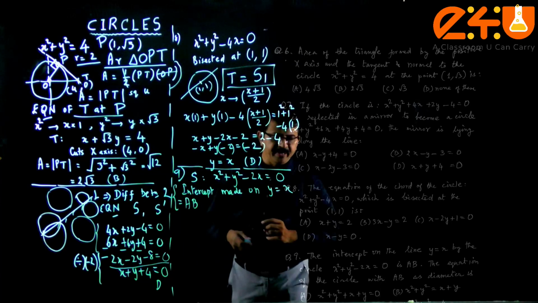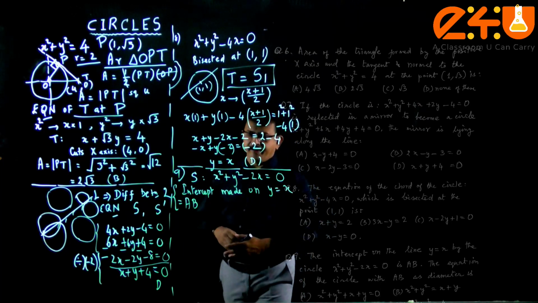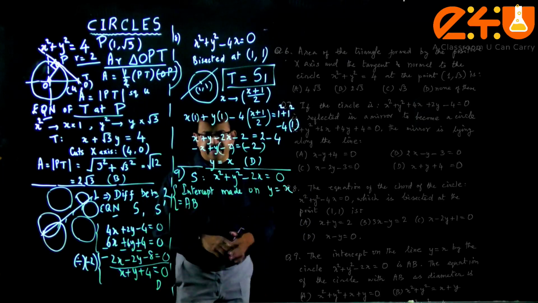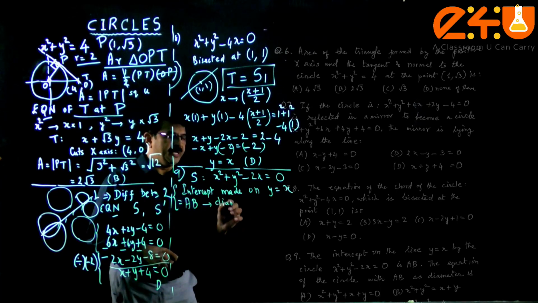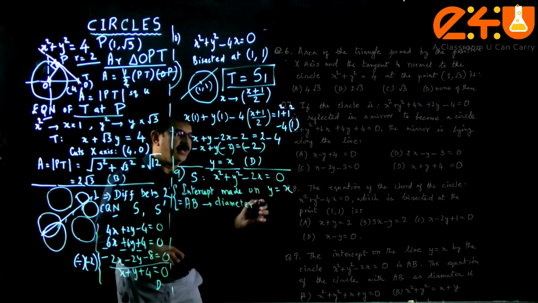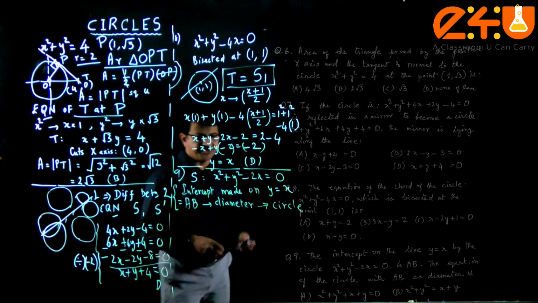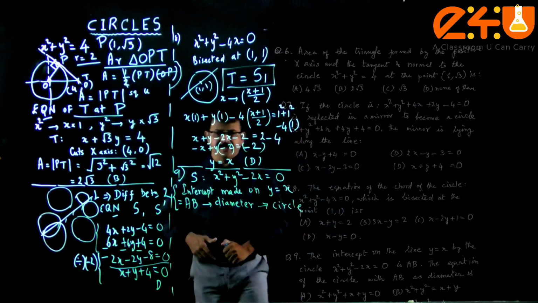He says let AB be the intercept, and you have to make another circle with AB as diameter. So with AB as diameter, make a new circle, get its equation. That is the task.